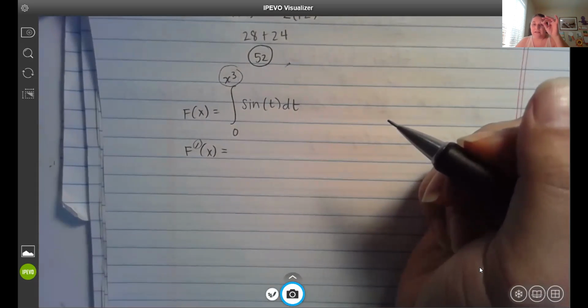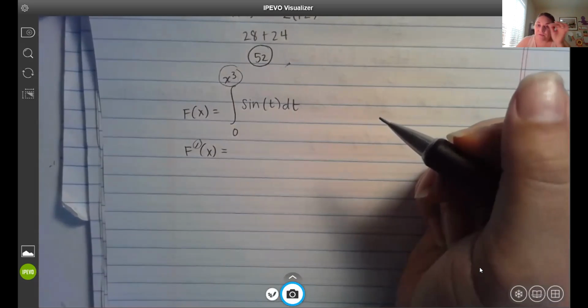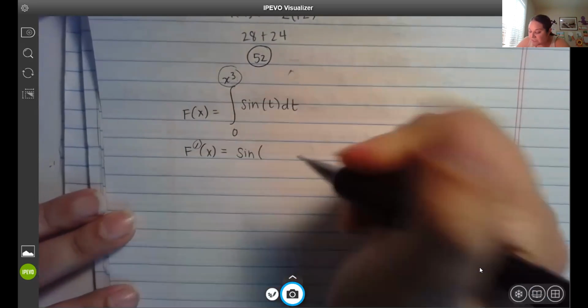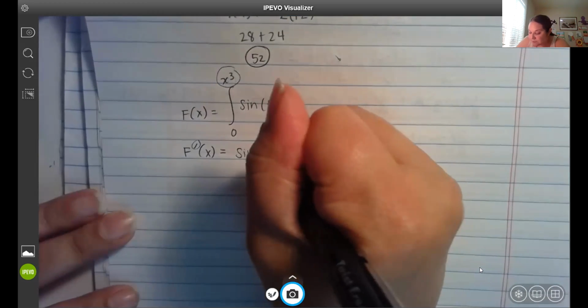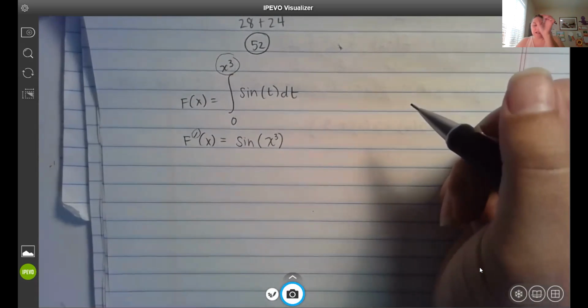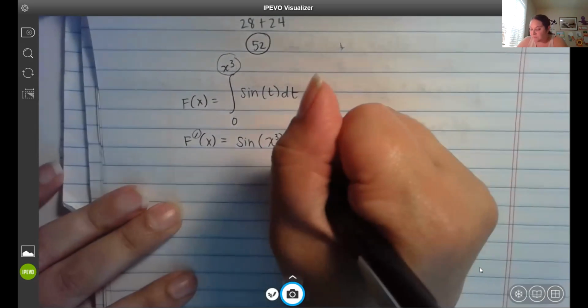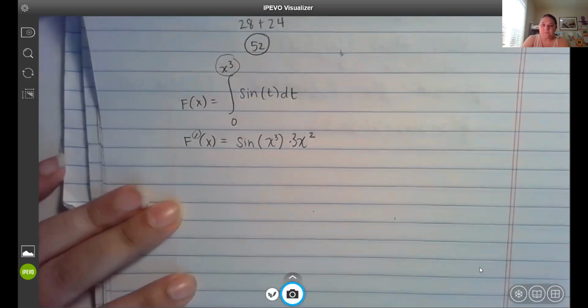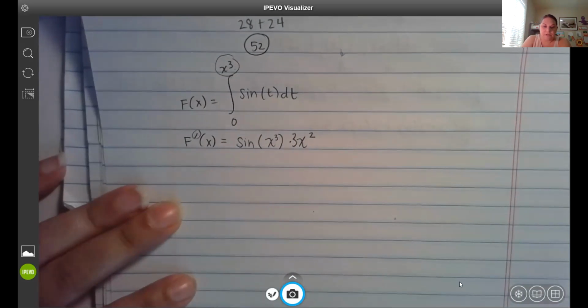You are taking the derivative of an antiderivative, and so you'll see that the sine function is going to be part of your answer, but it'll be f of g of x, right? So you'll do the sine of the inner function, and then you have to multiply times the derivative of the inner function. And so that is the correct response to that one here.